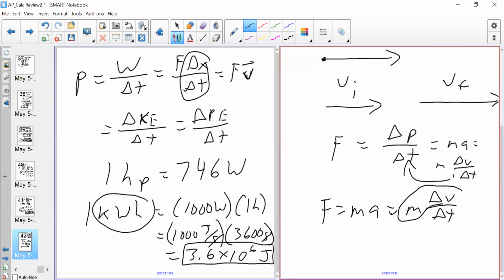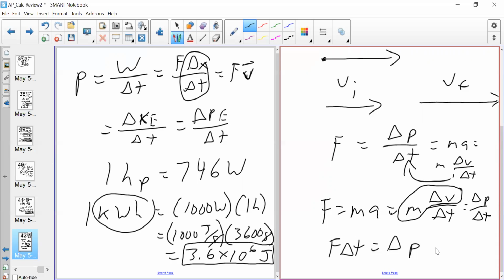So obviously, if momentum is mv, this would be delta p over delta t. And then when you multiply the time on both sides, we get a concept called impulse. Impulse is basically a change of momentum. It takes a force in a certain amount of time to change the momentum of the object.